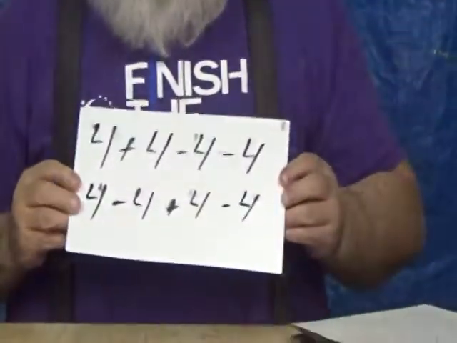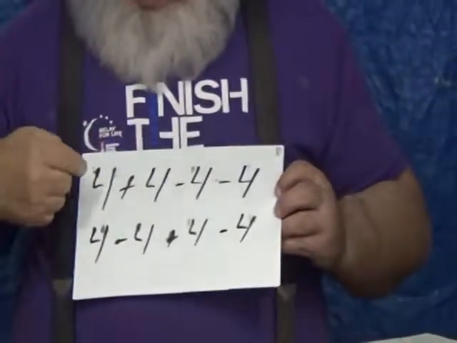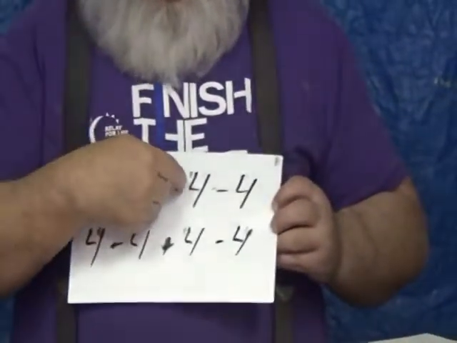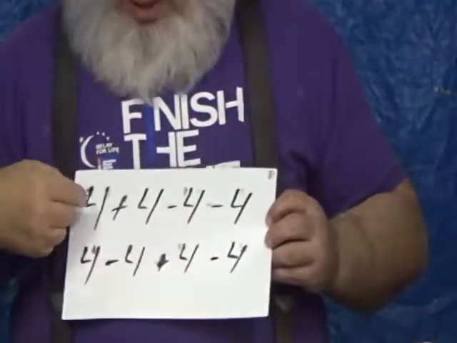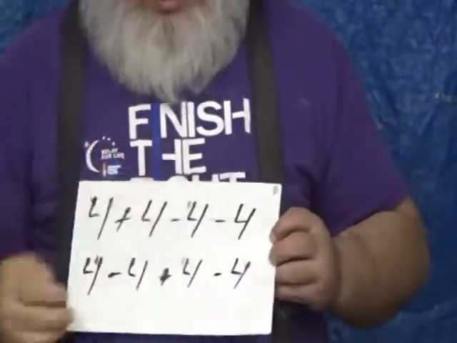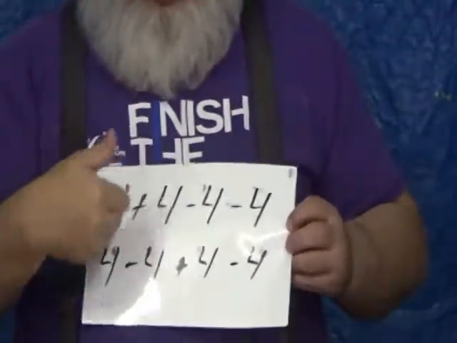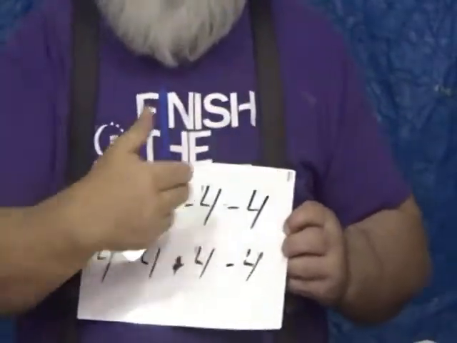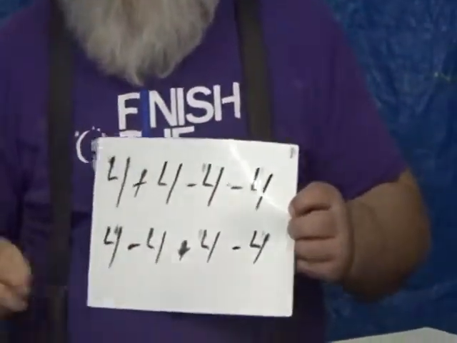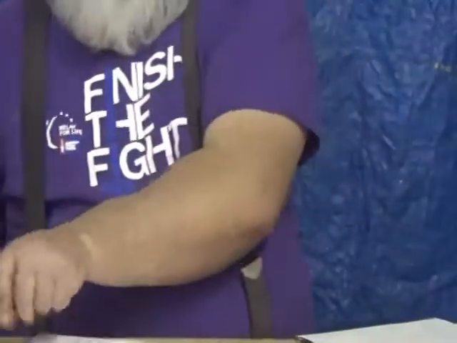Okay, these two are very much related to each other. 4 plus 4 minus 4 minus 4, that's 0. 4 plus 4 is 8, minus 8 is, of course, 0. And if we want to, we could put parentheses in there to fancy it up.